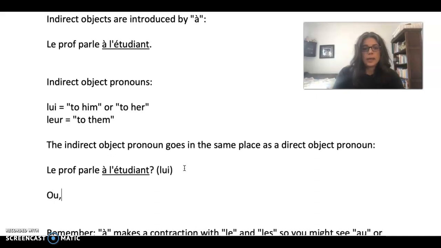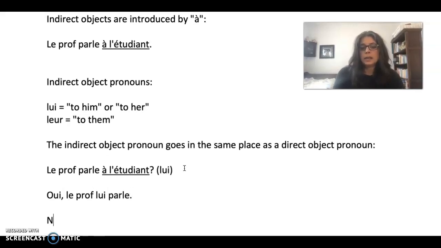So oui, le prof lui parle. And if we want to make it negative, it's just like with direct object pronouns. It goes around the pronoun and the verb. Non, le prof ne lui parle pas. The teacher's not talking to him.